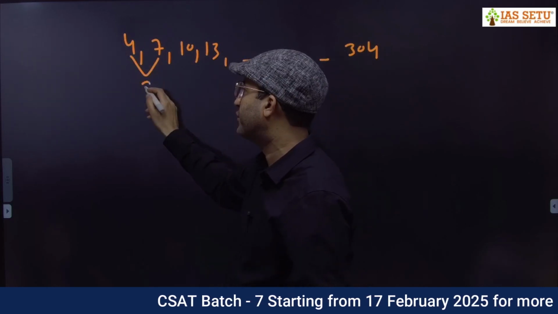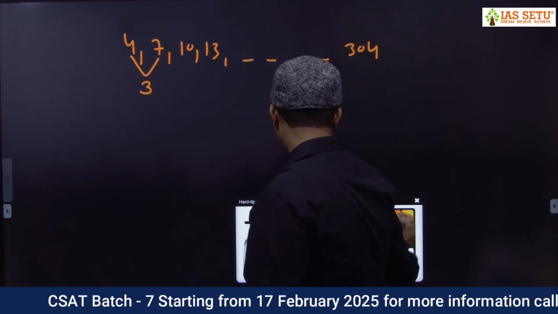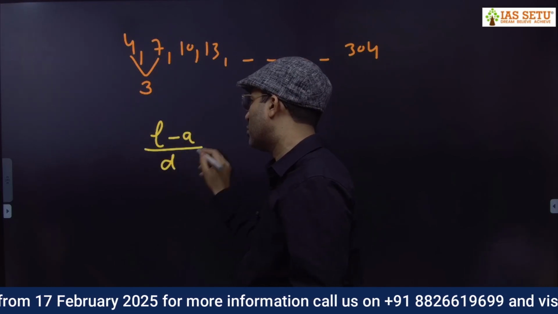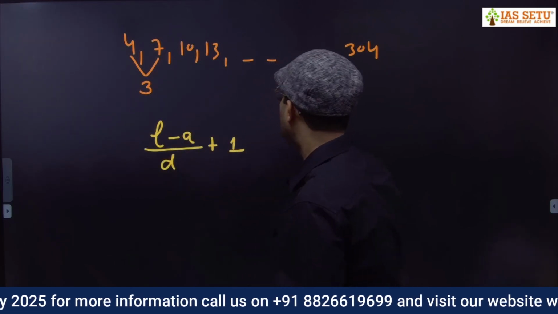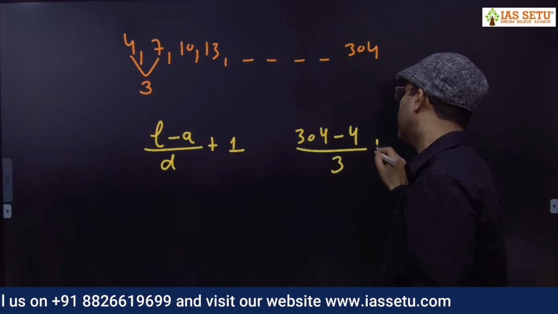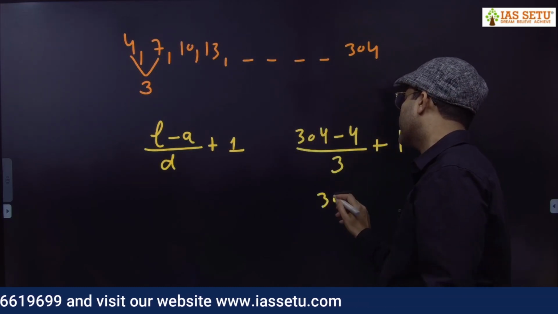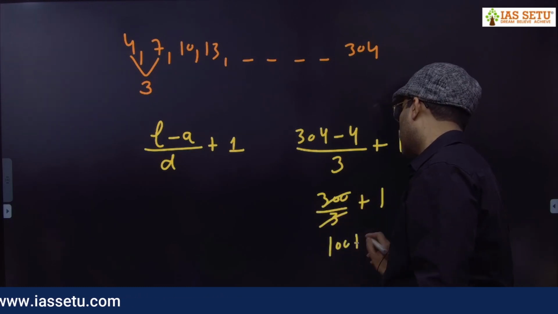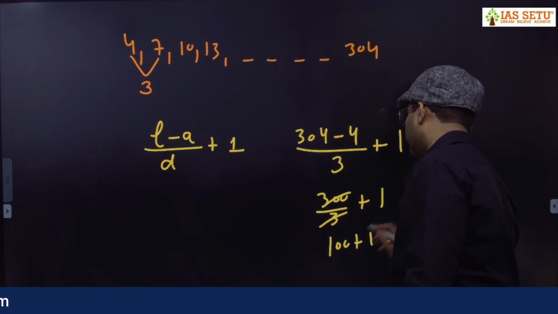What is your common difference? 3. So our formula is last term minus first term divided by common difference D plus 1. So it is 304 minus 4 divided by 3 plus 1. So it is 300 divided by 3 plus 1, which is 101.